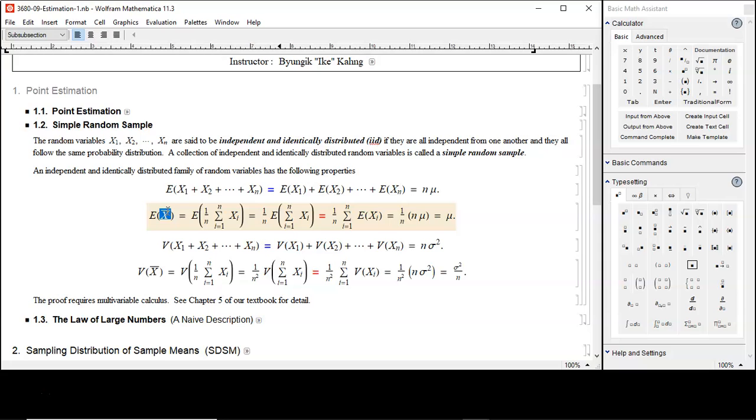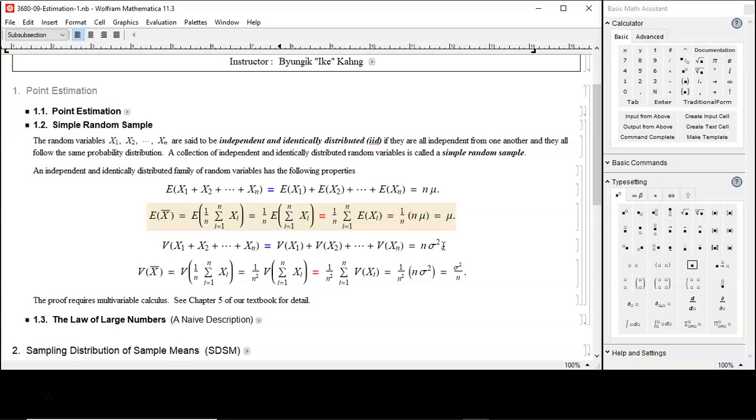So x bar is the mean, the sum of all these divided by n, but this 1 over n can get out of the expected value, and that's a general property. The expected value of this sum is the same as the sum of the expected values, coming from the independence. And then these are all identical, so n times mu. So in the end, we get mu.